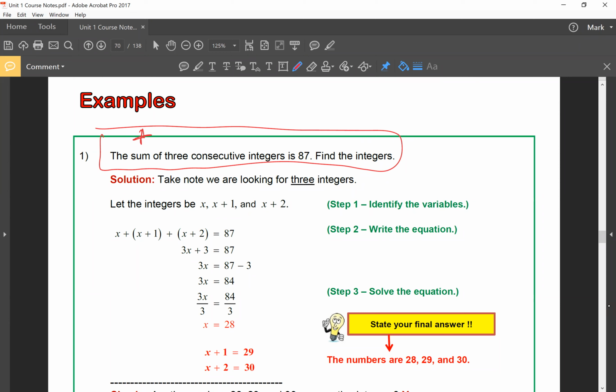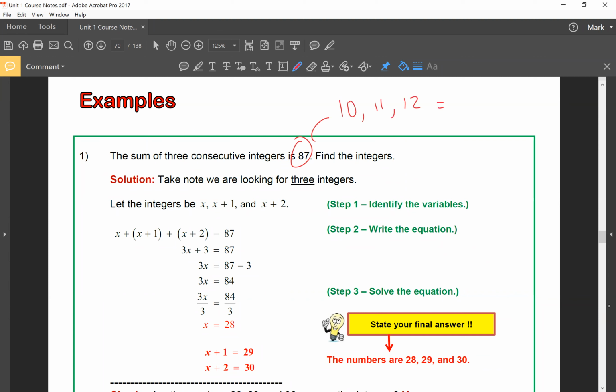It would take what we would call in math trial and error if you didn't know algebra. You have to think of 3 numbers in order that would give you 87. So you could try 10, 11, 12.